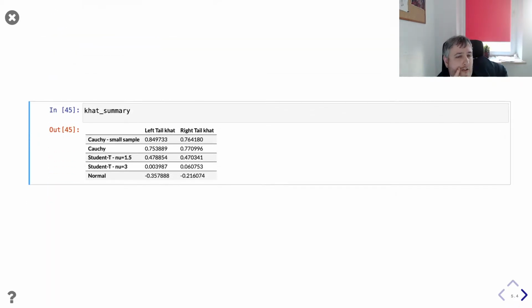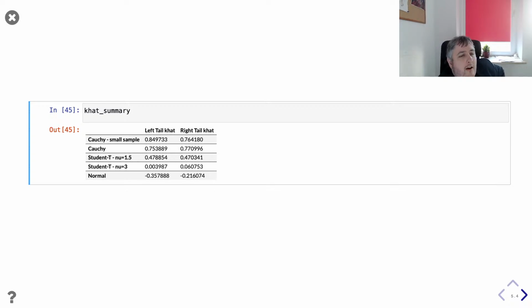And considering our previous examples, we can see that for the Cauchy distribution, k-hat is really problematic. It's big. It's above the threshold that we mentioned, and of course, depending on the number of samples, we can get better or worse estimates of k-hat, and we can see that all of those are greater than 0.7 for the Cauchy distribution.